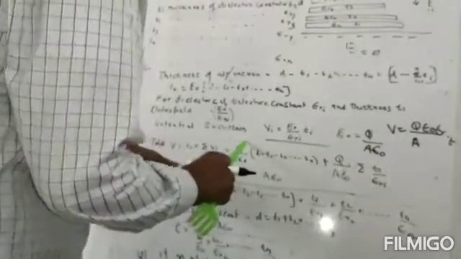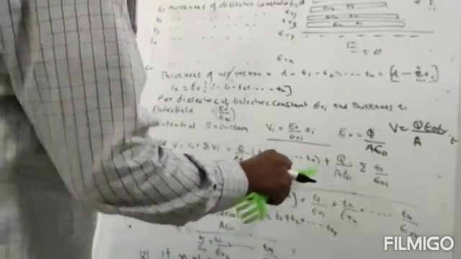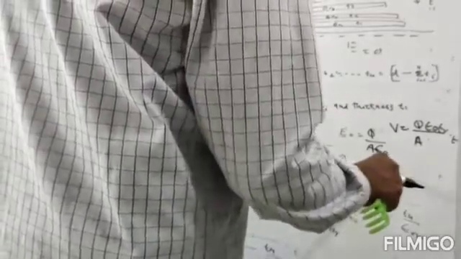So we can write this will be equal to Q by A epsilon 0, into the distance for the air, D minus T1, T2, and so on, plus for the dielectric Q by A epsilon 0 summation of Ti by epsilon Ri.